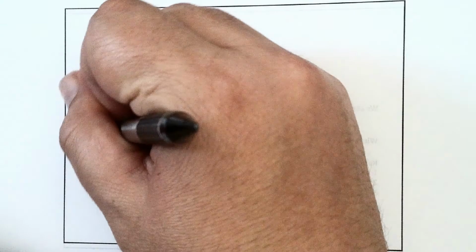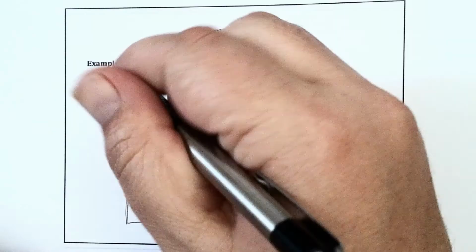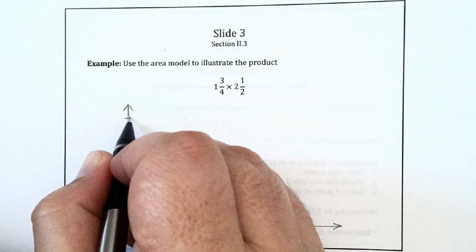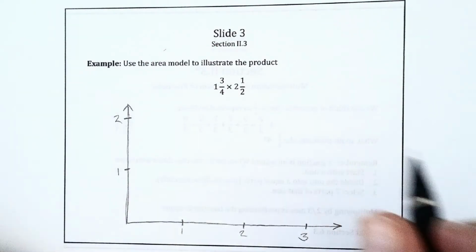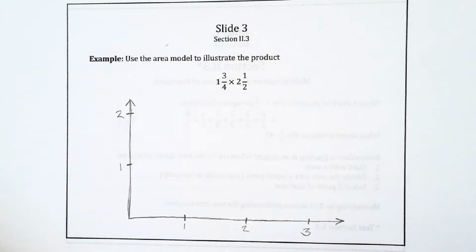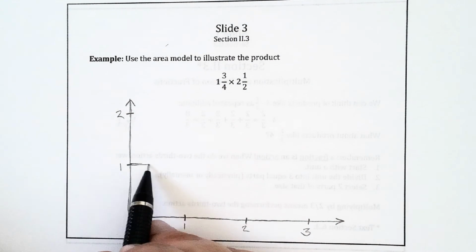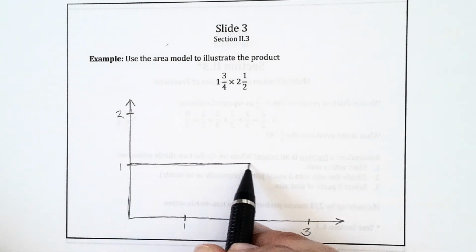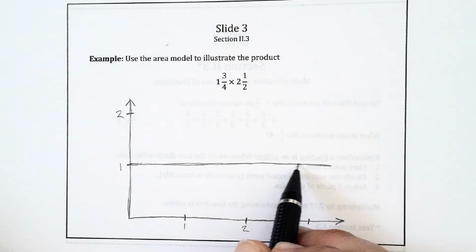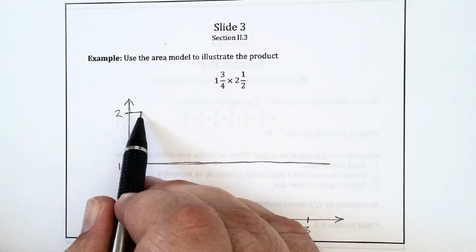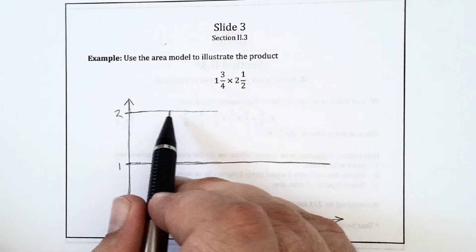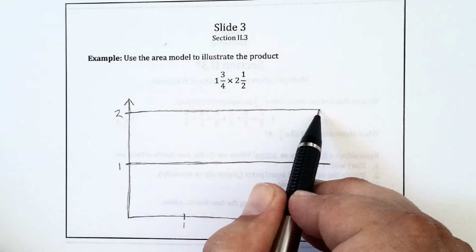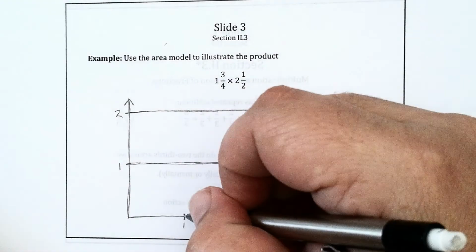Okay, so let's draw our unit grid. Okay, remember, when we get done with these, the unit is the 1 by 1 square. That's what you're using to figure out the numerator and denominator.